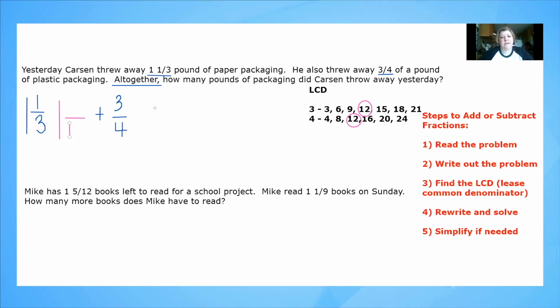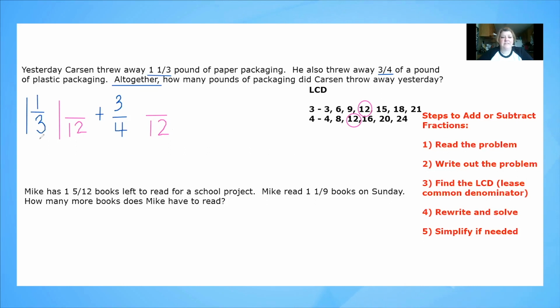And this one will read something over 12. So now we need to decide, what is that something that goes there?